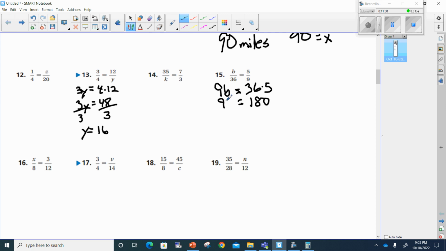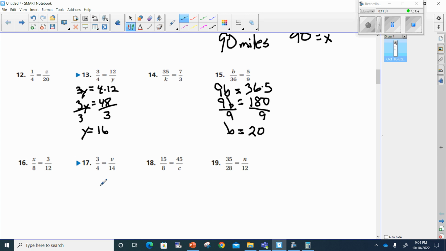That has to equal 9b. I'm going to divide 9b by 9 to get rid of it. Well, I know 18 divided by 9 is 2, so 180 divided by 9 would be 20. So b equals 20.